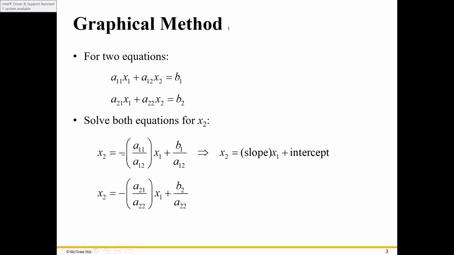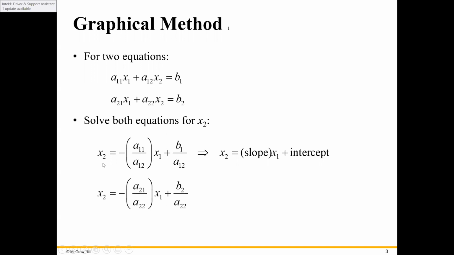x2 will be minus a11 over a12 x1 plus b1 over a12. That means we take a11 x1 to the other side and then divide by a12. Similarly, for the second equation, we take a21 x1 to the other side and then divide by a22.